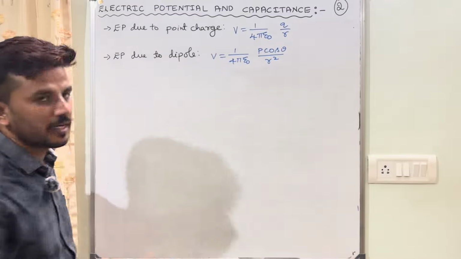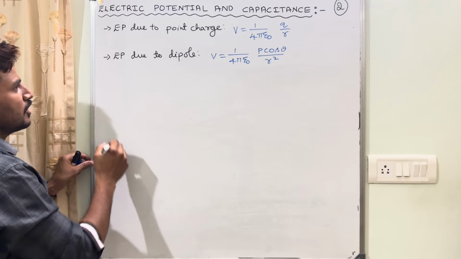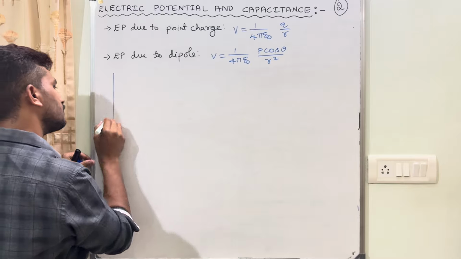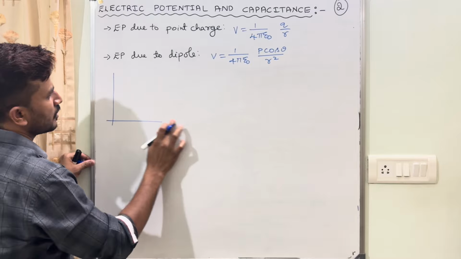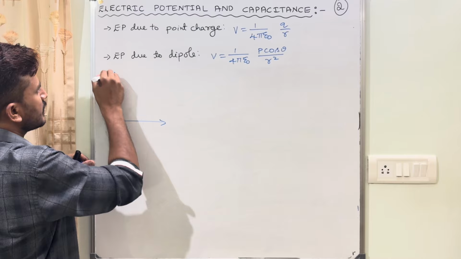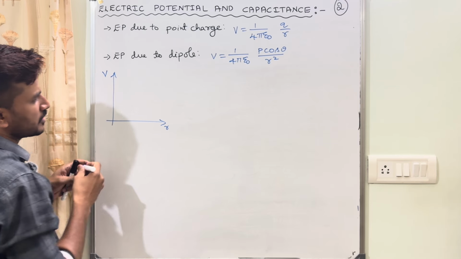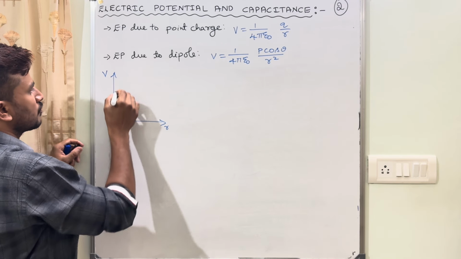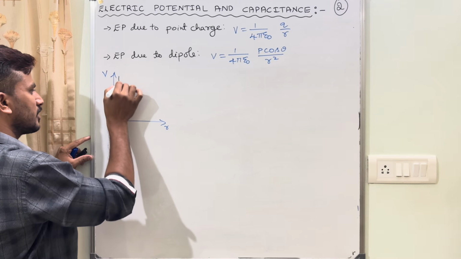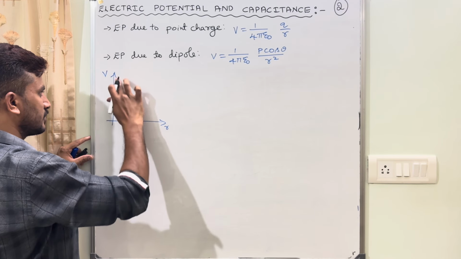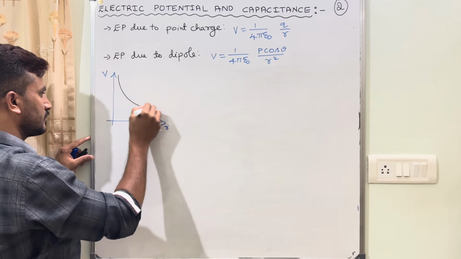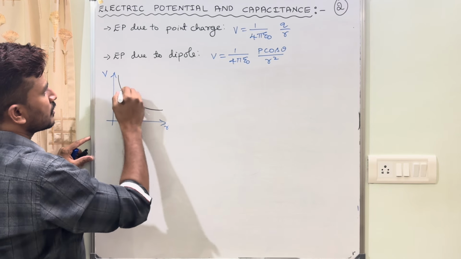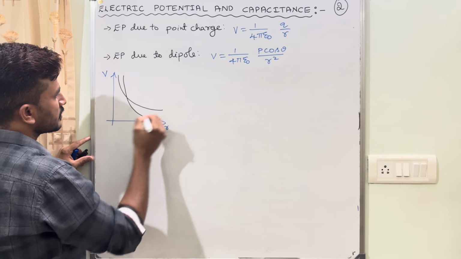So if you draw a graph of electric potential with respect to distance, V versus r, for point charge it looks like this, and for dipole it looks like this.